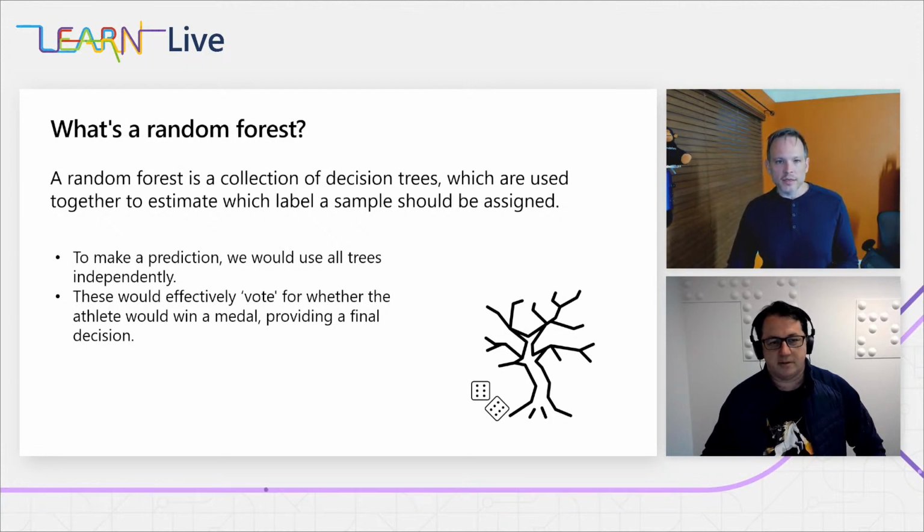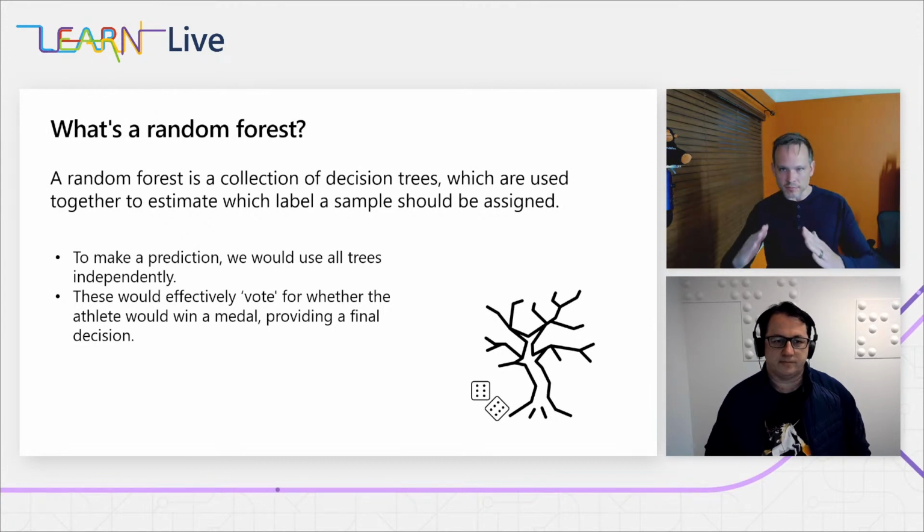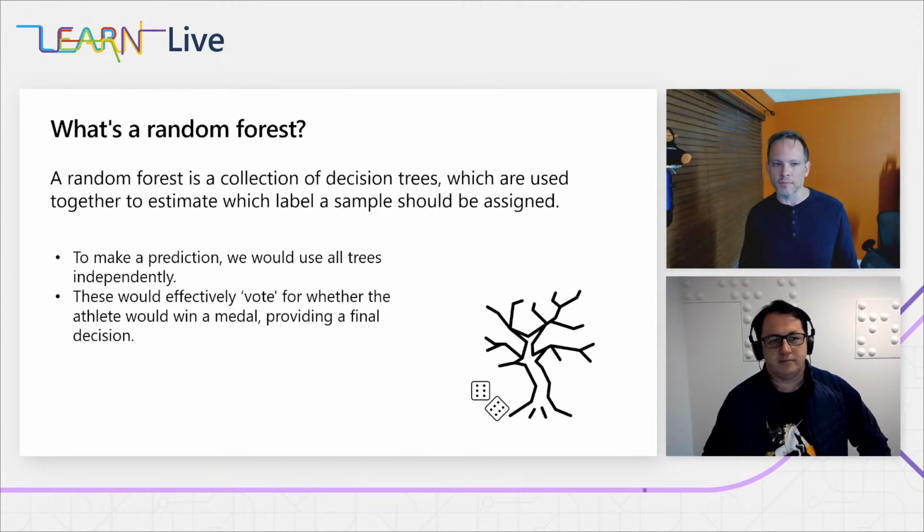Each tree is going to have only a subset of the data, and that subset can vary drastically. But because each tree only has a subset, it's going to end up finding different split points, different breakpoints.